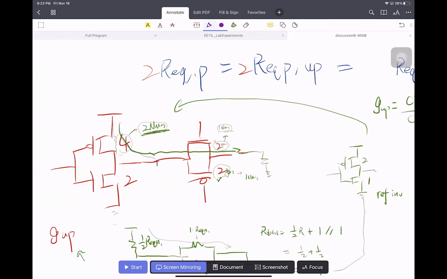Now we have an intermediate node here. So if we call this node F, and this node out. Basically, this node F has some internal parasitic capacitance because of the junction. Like the drain of this NMOS, this PMOS, this NMOS, and the drain and source of the transmission gate makes node F have some capacitance.